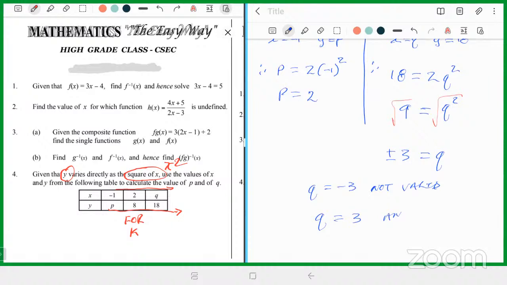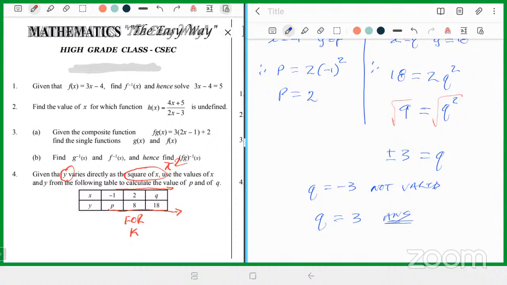And that's the answer for q. In another question, depending on if the variation is direct or inverse, the -3 possibly could have been the correct answer. So when you get the possibility that it is one answer or another, you have to look back at the variation and see how the values are changing based on the variation.